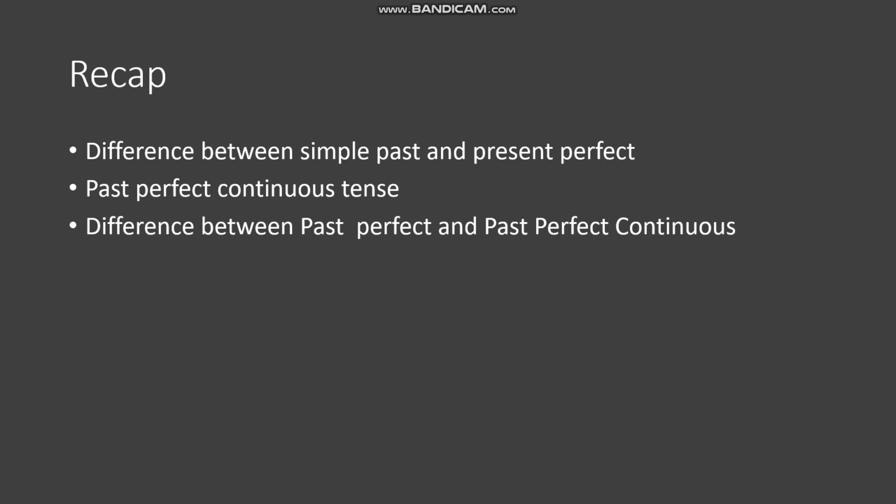The tense tells us about the continuity of an action that took longer than another action in the past. We also saw the difference between past perfect and past perfect continuous tenses.